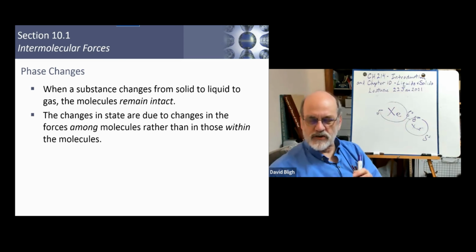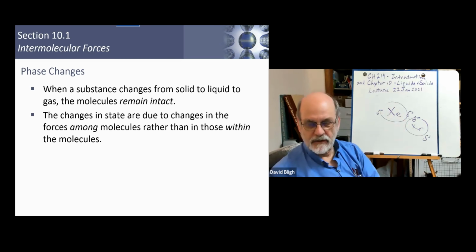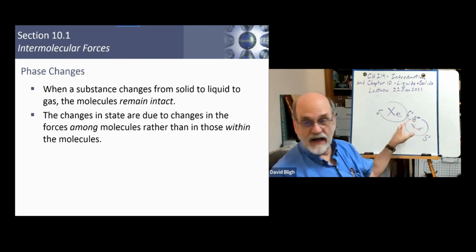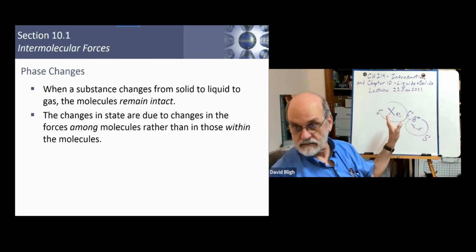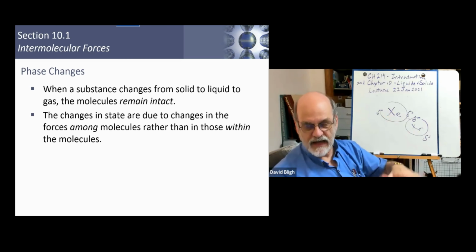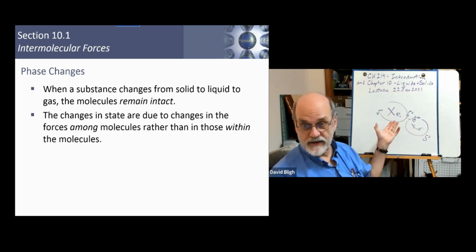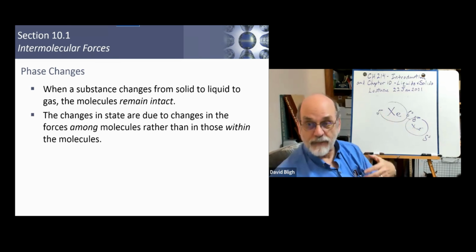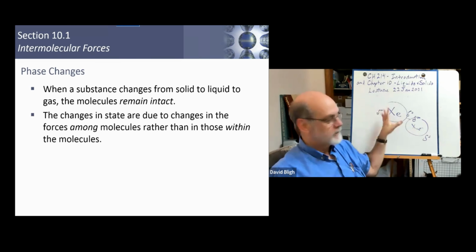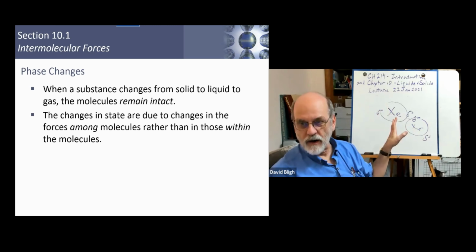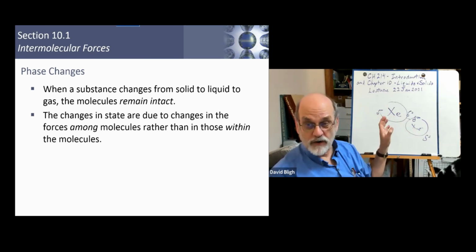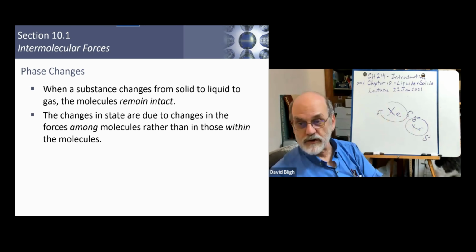If there's enough energy being put into the system to break these bonds, then xenon's a gas. And believe me, it doesn't take much. It's way down in the negative centigrade to liquefy these things. What you have to do is reduce the kinetic energy, the temperature of xenon, to the point where there's not enough energy anymore to break those London dispersion forces.